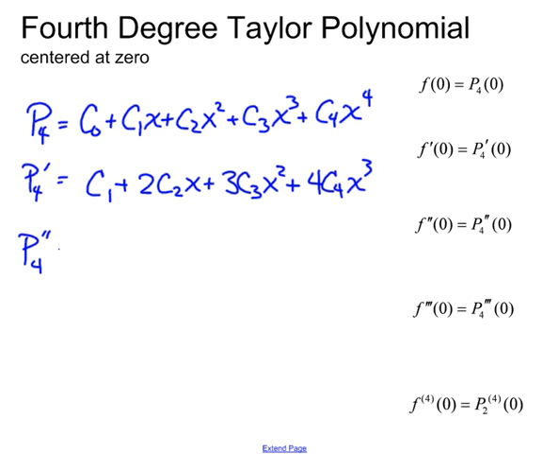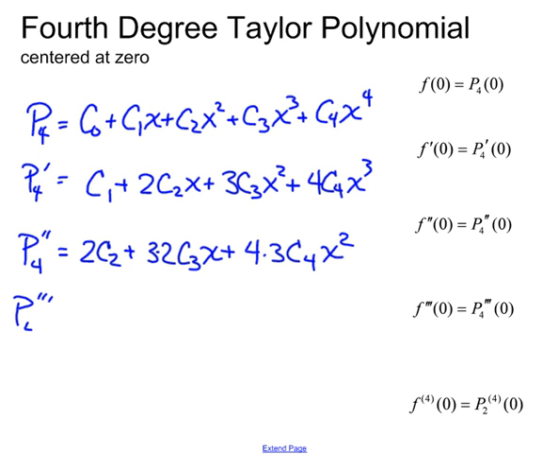Second derivative equals 2 c sub 2 plus 3 times 2. There's a reason why I'm doing this, so I'm not going to actually multiply it out to 6. 3 times 2, c sub 3 x plus 4 times 3, c sub 4 x squared. All right, on to the third derivative.